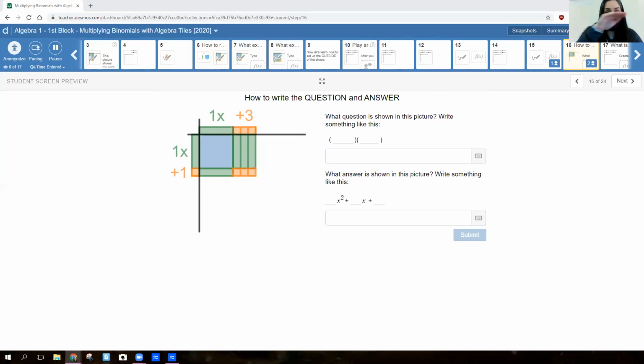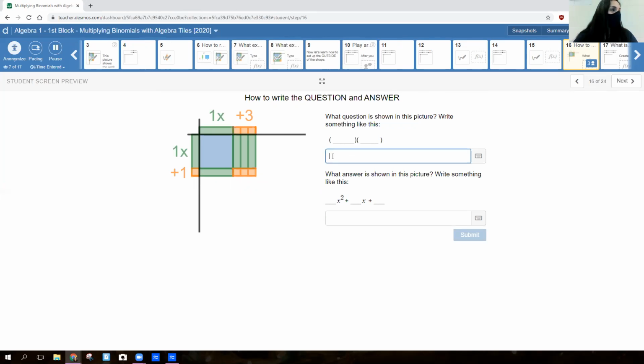So along the top, and along the side. Go ahead and type your answer for that.